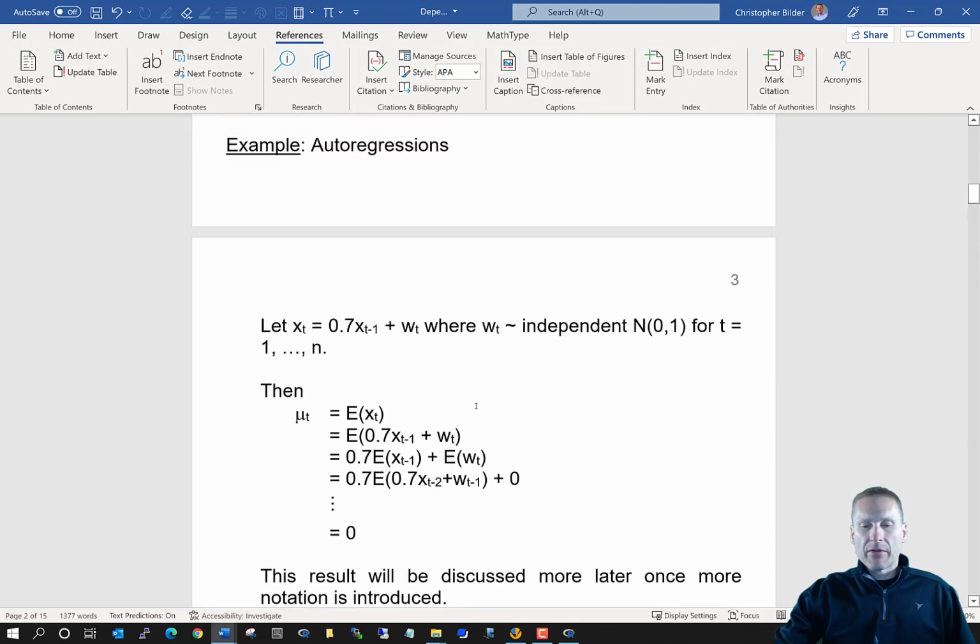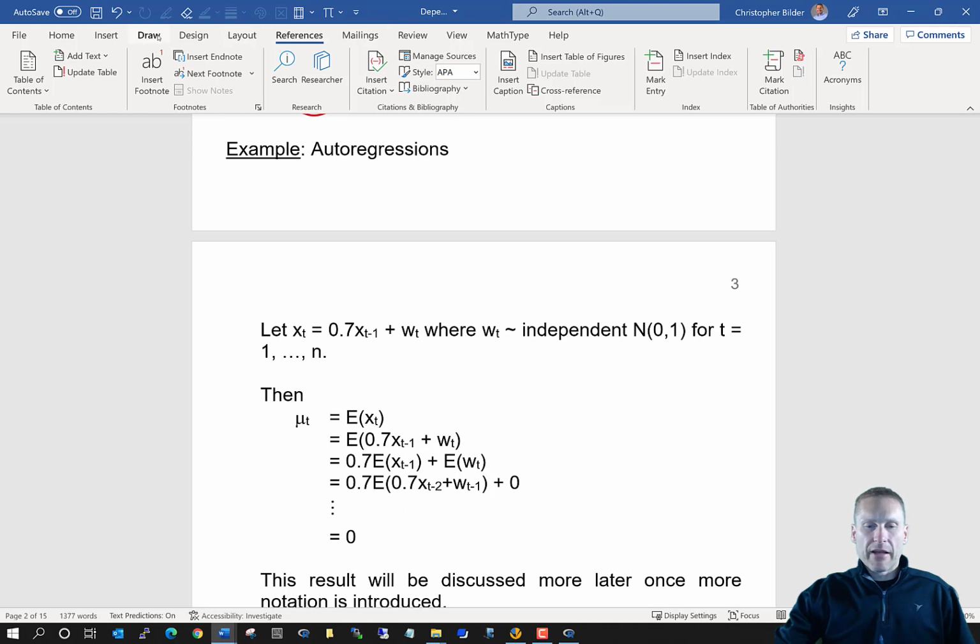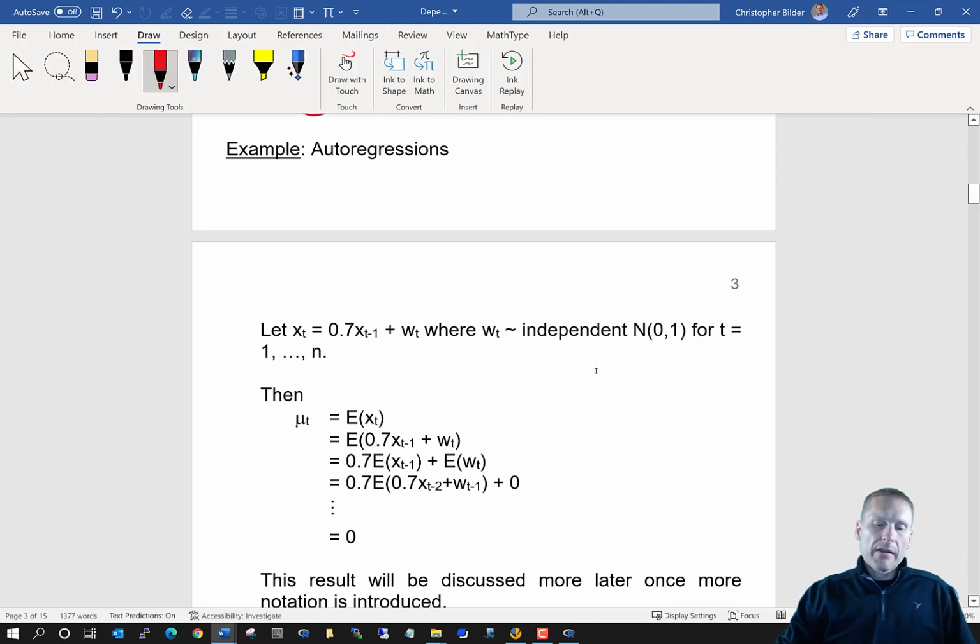Let's take a look at another example. This goes back to our autoregression example that we saw earlier. In that model, we had x of t equal to 0.7 times x of t minus 1, so we go back one time period, plus W sub t, where W sub t was again independent, identically distributed normal 0, 1. Then, step 1, we write what mu sub t is. It's equal to the expected value of x sub t. Step 2, we put in what x of t is.